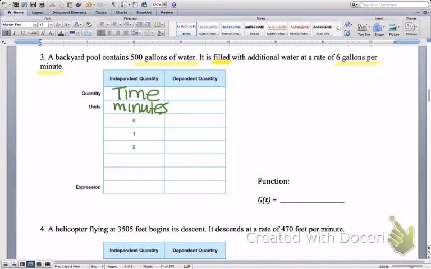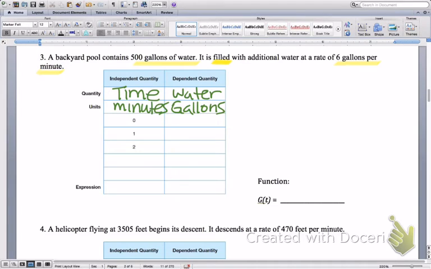And the dependent quantity, well, what's happening every minute, the amount of gallons in the pool is changing. So here we're going to be talking about water in the pool, and it's going to be specifically the gallons. So our values are going to be how much water is in the pool, and it's going to be measured in gallons.